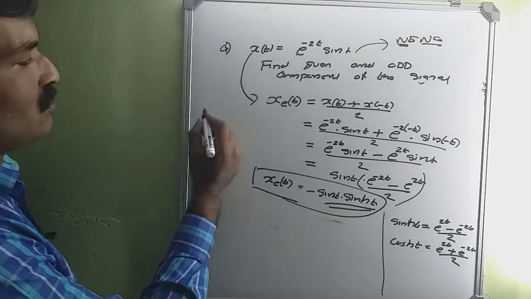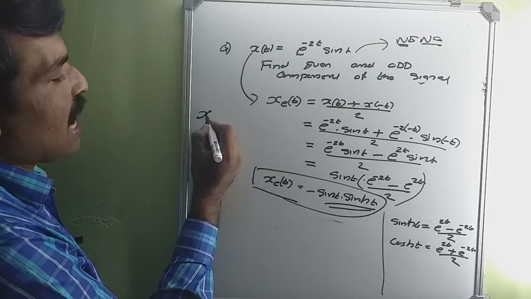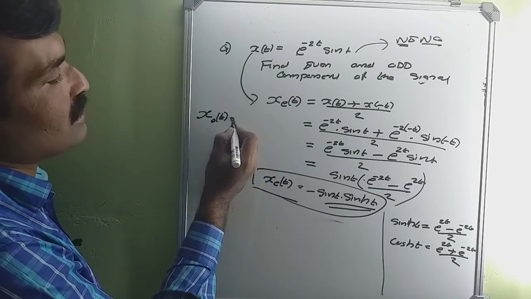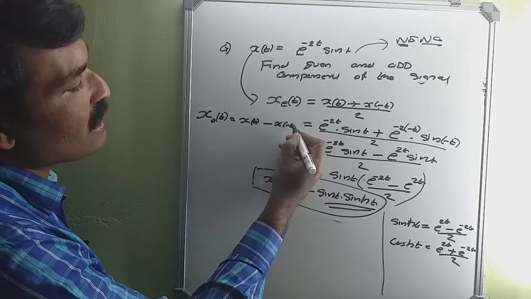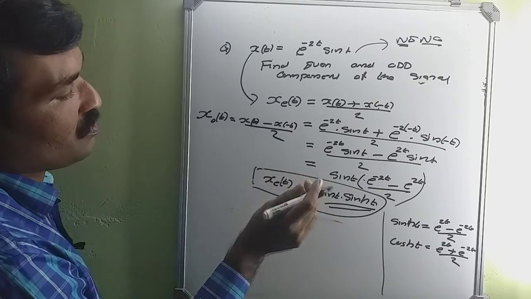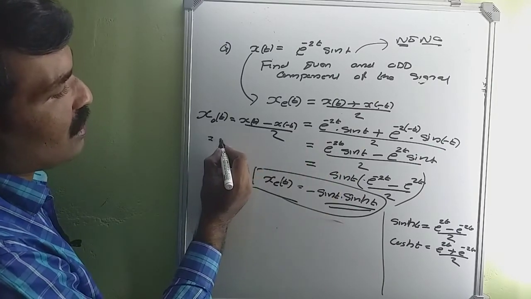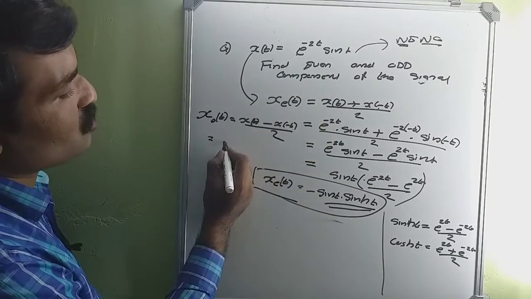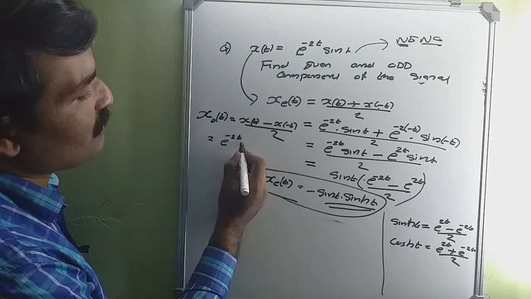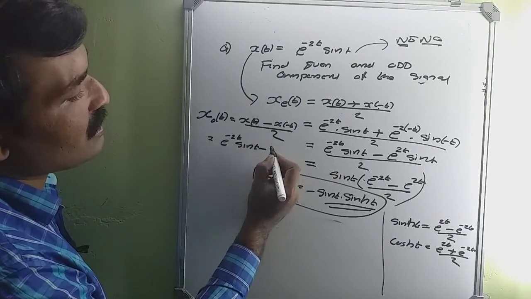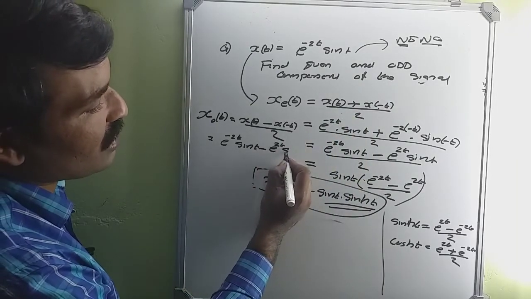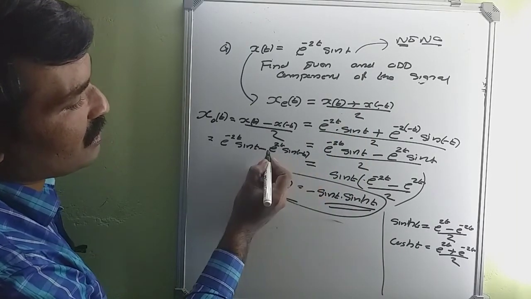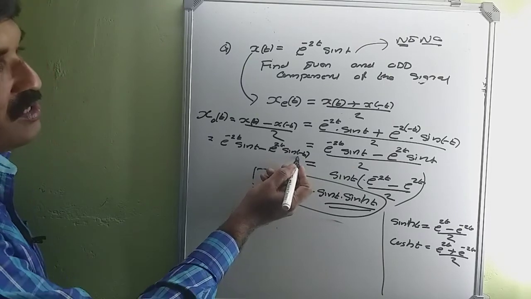Odd component, odd portion: x_o of t is equal to x of t minus x of minus t divided by 2. That is e raised to minus 2t sin t minus e raised to minus of minus 2t, that is e raised to 2t into sin of minus t. Again, sin of minus t is equal to minus sin t.